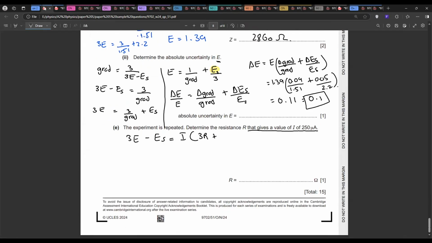So what you can do is you can say 3E minus ES, perfect, divided by the current, minus 2Z, perfect, is equal to 3R, perfect. Divide 3 with all of them. 3E minus ES divided by 3I minus 2Z over 3 is equal to your R.